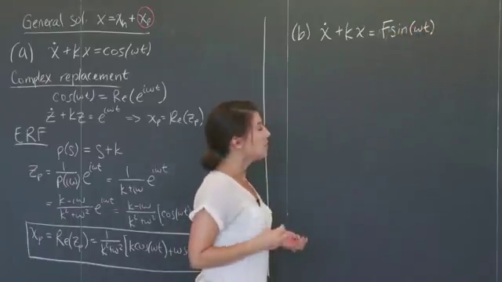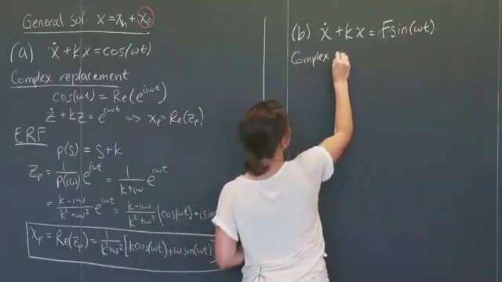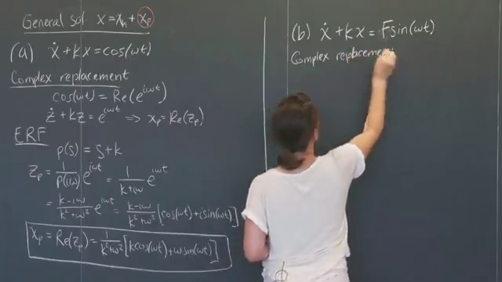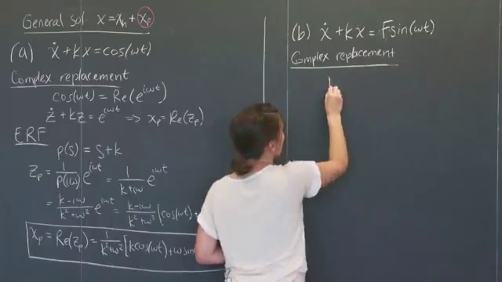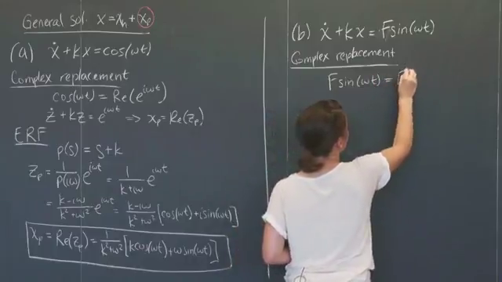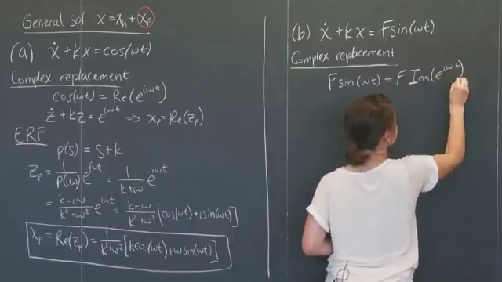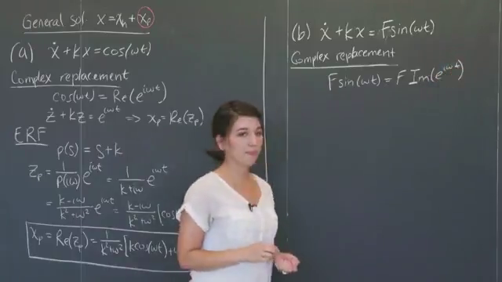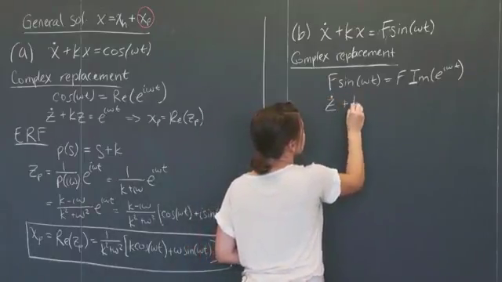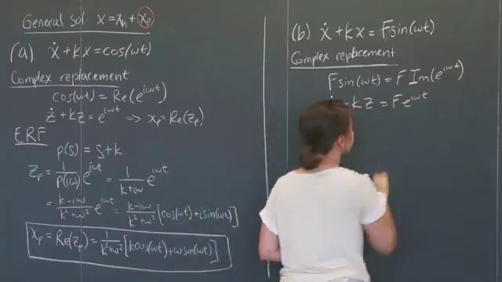If we use complex replacement again, we notice that f sine of omega t is equal to f times the imaginary part of e to the i omega t. So the complexified ODE is z dot plus kz equals f times e to the i omega t.